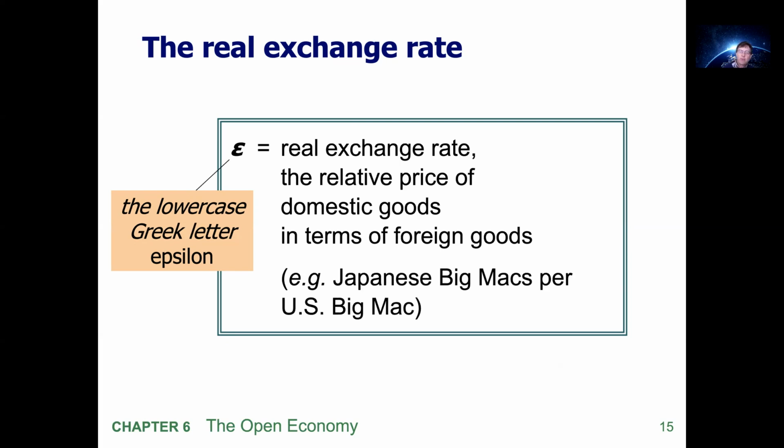An example would be Japanese Big Macs per US Big Mac. If it cost you 10 Big Macs in Japan to get a US Big Mac, that would be a very expensive US Big Mac. US goods would be looking very expensive. That's more extreme than what really happens.